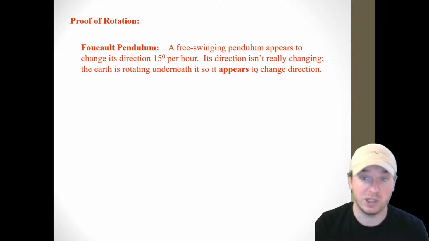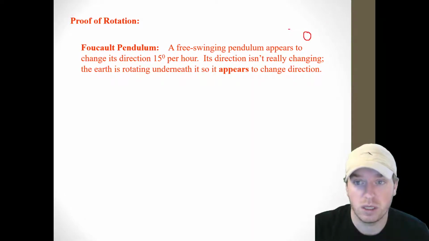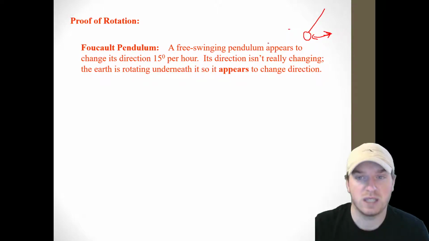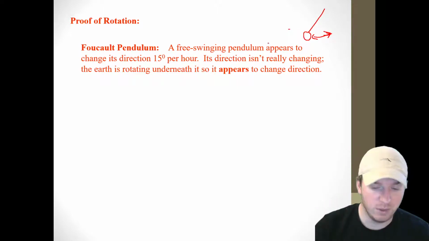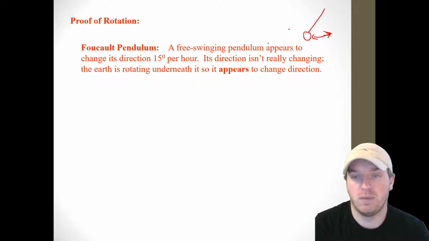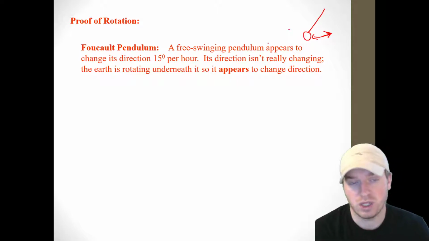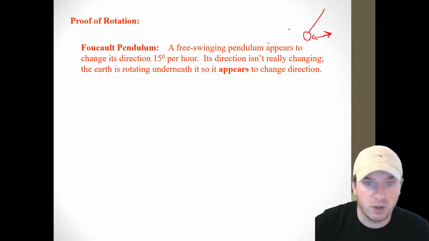A pendulum in general is just something that is swinging. Let's draw it up here. It's just a ball swinging side to side like a grandfather clock. As it swings back and forth, we started to realize that if you have a pendulum that's able to swing all day long, the pendulum, without you touching it, will actually change its direction 15 degrees every hour.